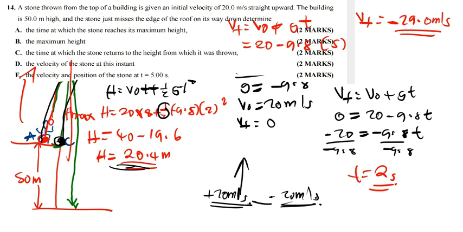But remember, you and I have agreed that the instant the stone was reaching where that person was, it was negative 20 meters per second. But now it is when t is equal to 5. Do you think it has already passed point C at that point, or it is before that?